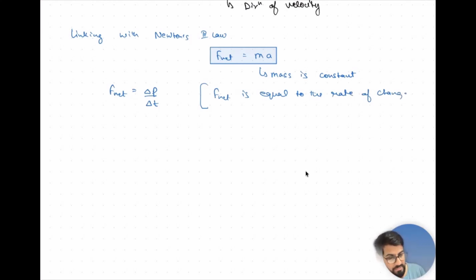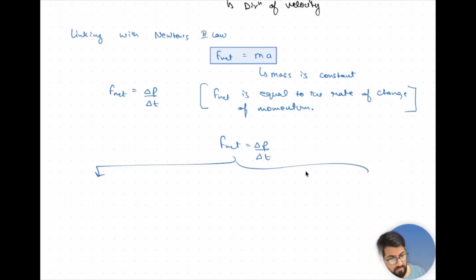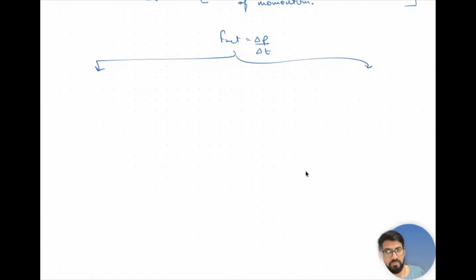Now, momentum depends on the two factors we just discussed, that is the mass and the velocity. So if the mass changes, momentum changes. If the velocity changes, the momentum changes. So F net is equal to delta P over delta T, and there are two ways to apply it: one based on the change in mass, one on the change in velocity.